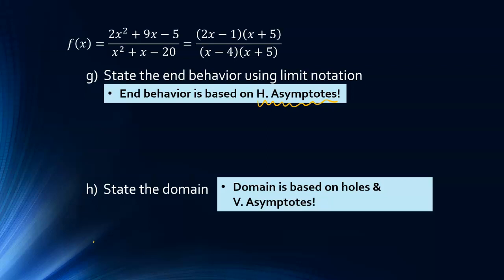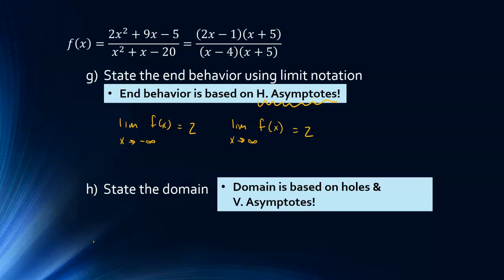For this one, since we had a horizontal asymptote where y was 2, the limit as x approaches negative infinity, so the left side of the graph, would equal 2. And the limit as x approaches positive infinity, the right side of the graph, would also equal 2. That's always going to be the case. Anytime we have a horizontal asymptote, whatever the horizontal asymptote is, that would be your limit. So for these problems, your limit will either be 0 or a particular value.